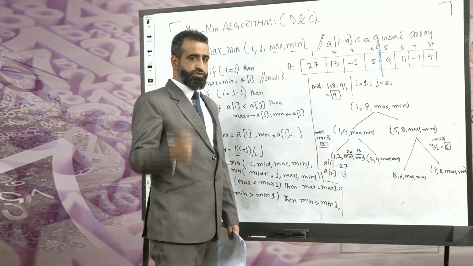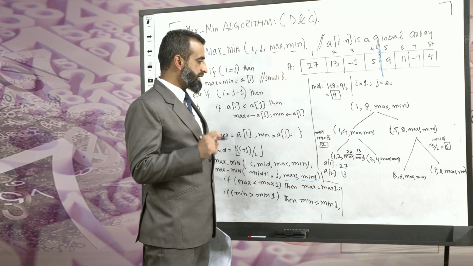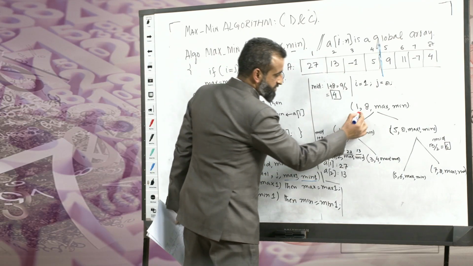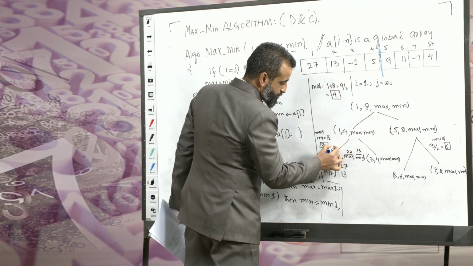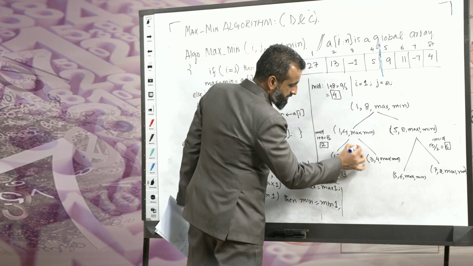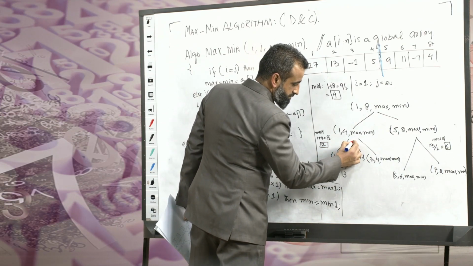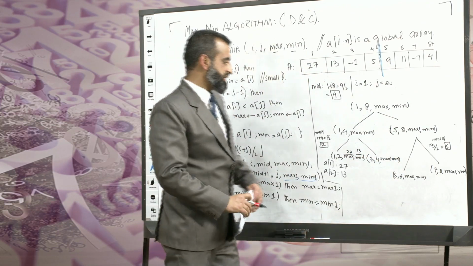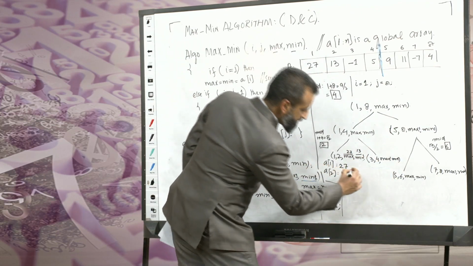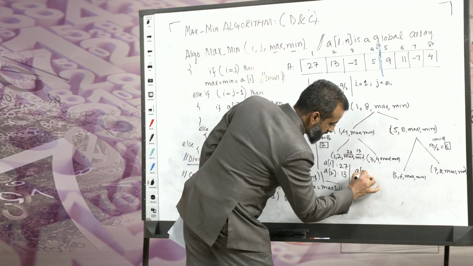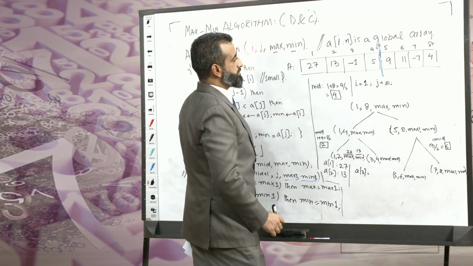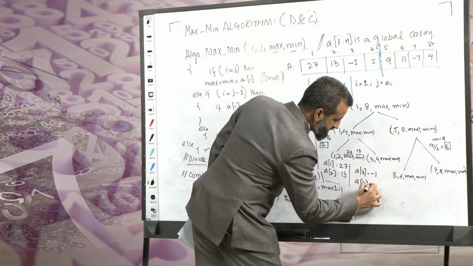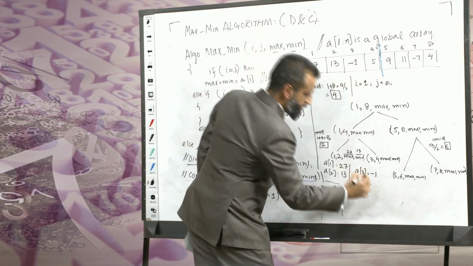Now remember that recursive tree that I drew last lecture, that it works something like this. So we start from top and then we move towards and we solve this problem. Once we solve this problem, then we move back and try to solve the other half. When I try to solve the other half, a of 3 here is pointing towards minus 1, and a of 4 in this case is pointing towards 5.